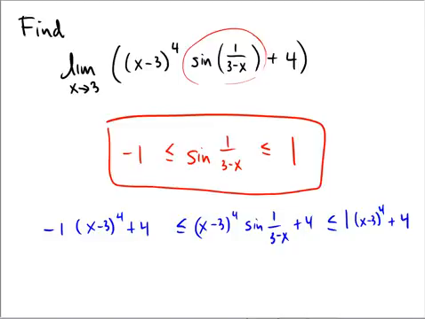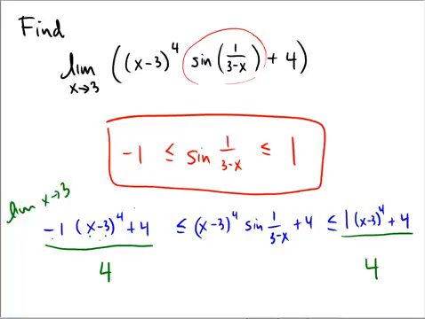But now notice that if we overall take a limit as x approaches 3, what's going to happen here? Well, on the left-hand side, 3 minus 3 is 0, 0 to the 4th is 0, 0 times -1 is 0, and so we get a 4. And on the far right-hand side, 3 minus 3 is 0, 0 to the 4th is 0, 0 times 1 is 0, plus 4 is 4.